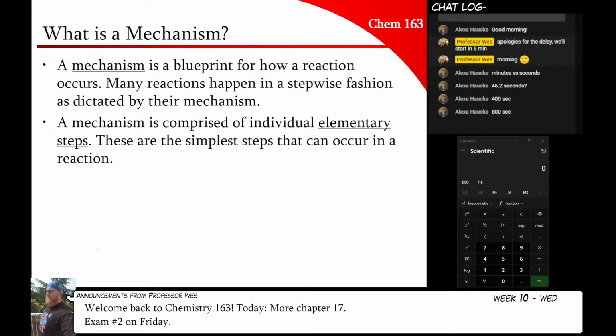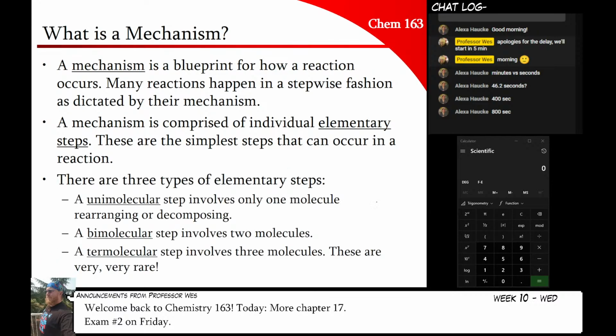We're going to define an elementary step as the simplest possible step, and those steps are going to involve 1 molecule or 2, and that's it. You'll notice down there I'm omitting termolecular steps with 3 molecules because they are super, super rare. We're going to assume that three objects colliding all at once is essentially impossible.